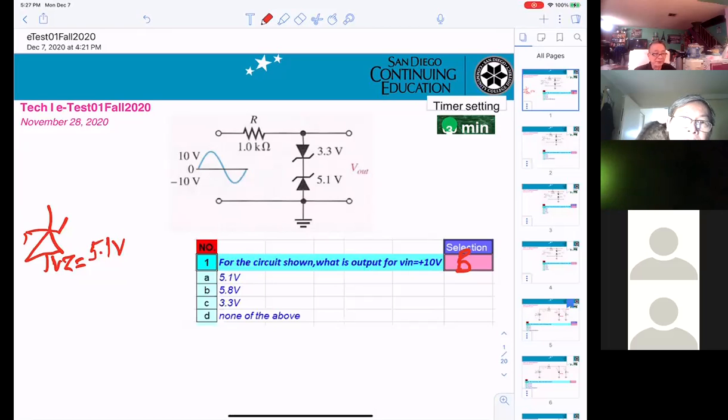So the Zener can either work in breakdown, or just work like normal. If it is working in breakdown, you can see it will be substituted by a battery, plus on this side, minus on this side, and the voltage will be 5.1 volt if it breaks down.